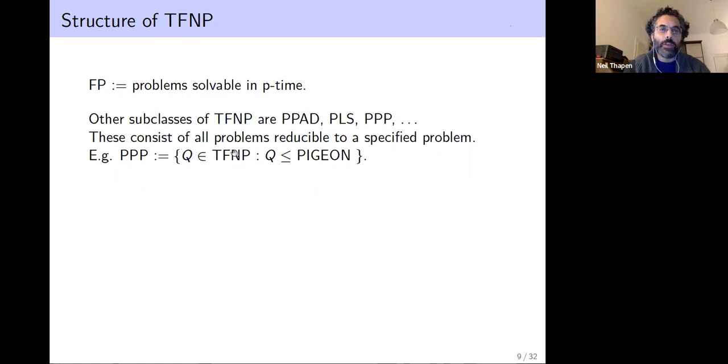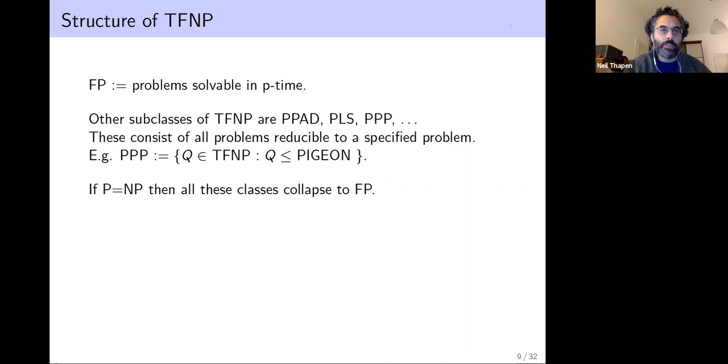And these are usually defined as all problems in TFNP that you can reduce to a specified problem. And so here we have the class PPP defined in terms of the problem Pigeon. And I apologize, I'm not going to be very good at distinguishing between the classes and the defining problems. So sometimes I'm going to use the name of a problem for the name of the class, and maybe vice versa.